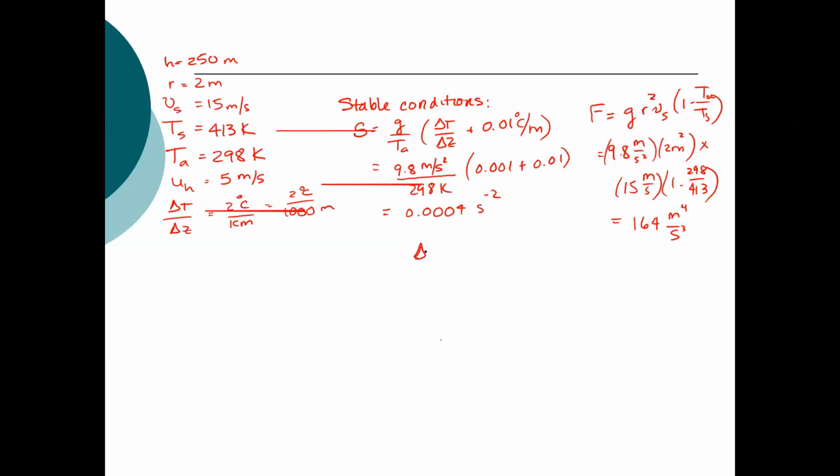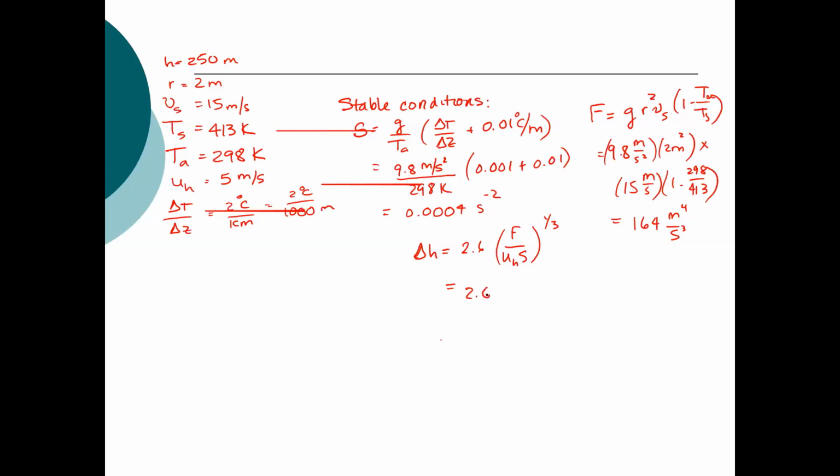So delta H is equal to 2.6 times F over U sub H times S, all to the 1/3. Now, in actuality, we really should be using the wind speed at the effective stack height. We don't have that, so typically what is done is to use the wind speed at the stack height.